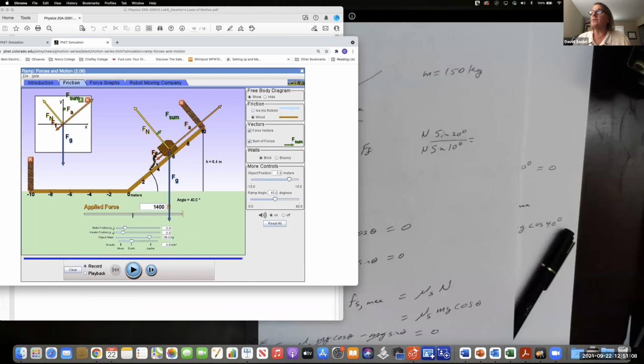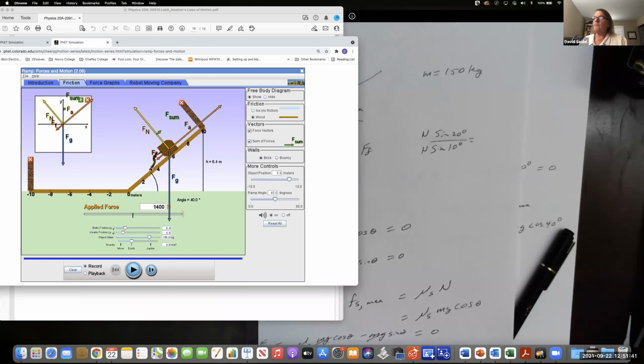But then as I increase the force some more, all of a sudden my force applied is more than the force of gravity, and now friction opposes motion going up the plane. Friction always opposes motion. If there's more force going down, friction opposes the object moving down. If there's more force going up, friction will point down the plane.